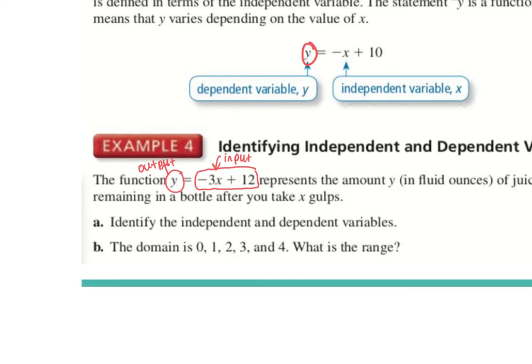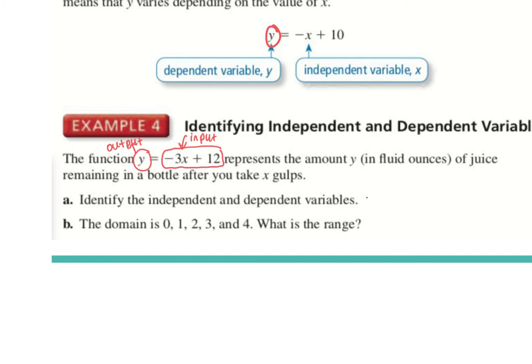So in other words, y is going to be our dependent variable, and x will be the independent variable, or our input. And then y is our output.